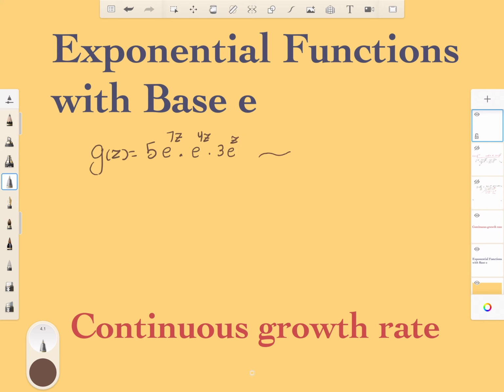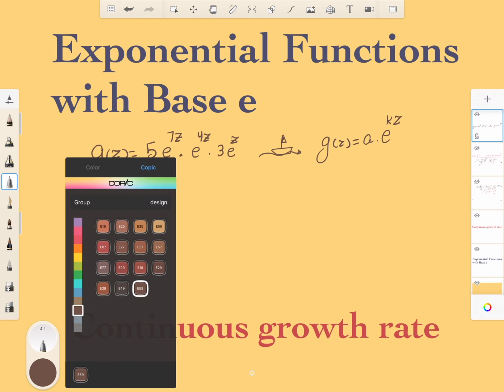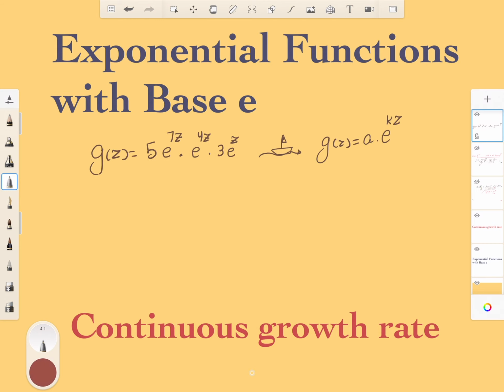They're asking us to make this one into g of z equal to a e to the power k z. Basically, in some of the word problems, we need to calculate k. We need to be able to tell whether this function is increasing or decreasing.